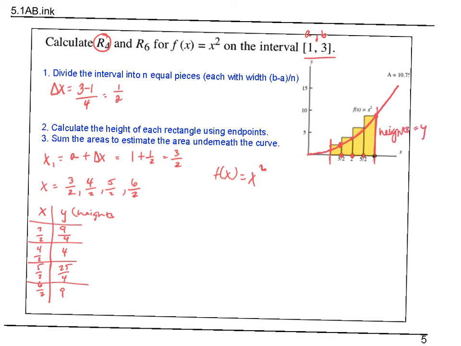Okay, the base of all of those rectangles are delta x. So you could individually find each rectangle, or you could say, if I know that the width is a half, then I can sum my heights together using the distributive property here.